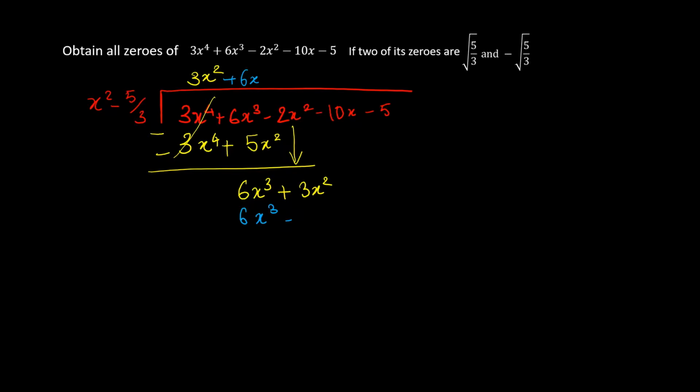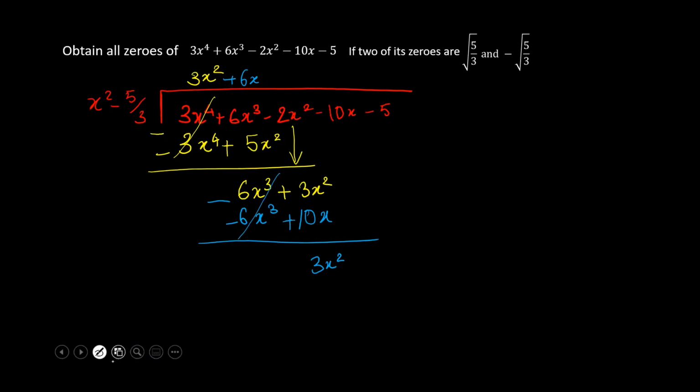Then I'll have a minus 10x, right? Here these two will go off, it's a minus, so this will become minus, this again becomes a plus, and as I don't have an x square term here, I'll get 3x square down. I have a plus 10x minus 10x, so basically it's a 0, I don't need to write it down.